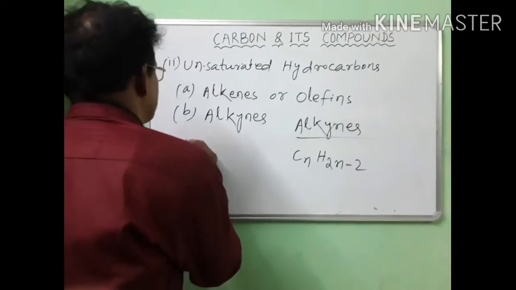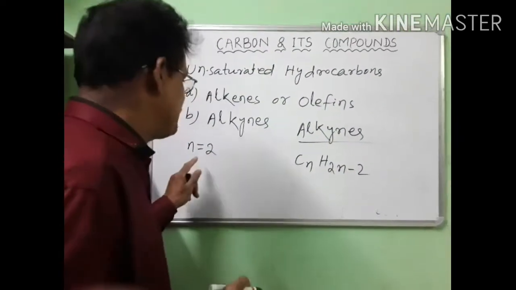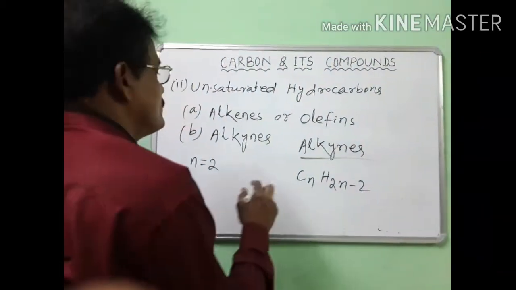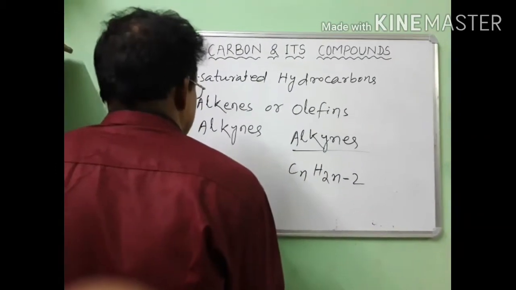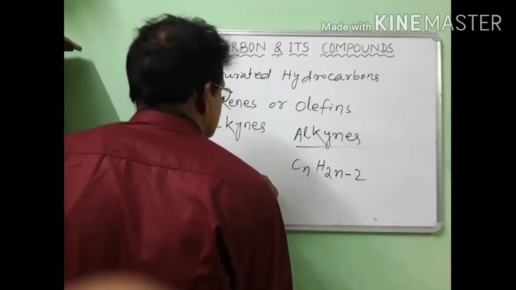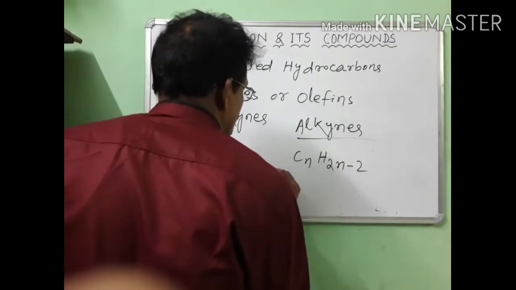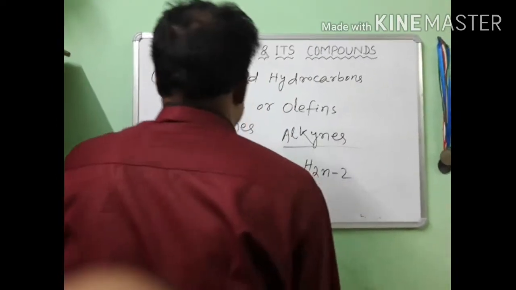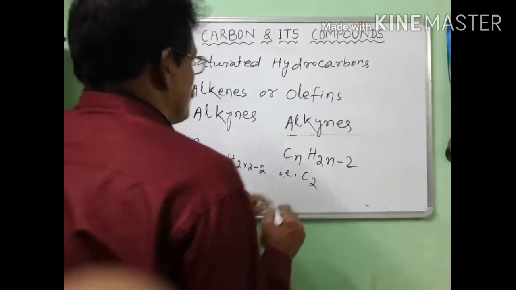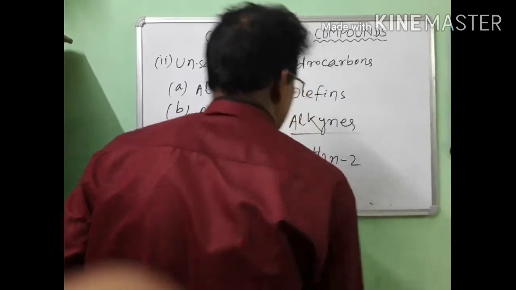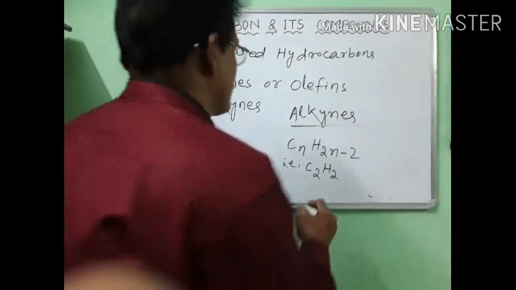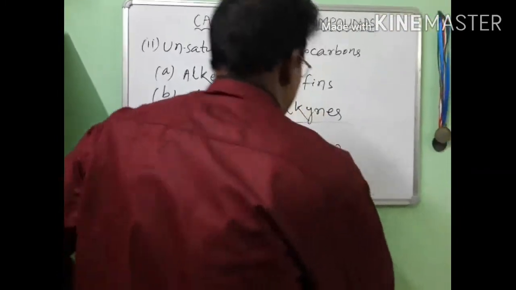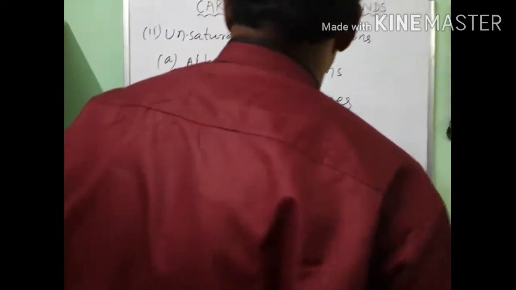If n is equal to 2, meaning the number of carbon atoms is 2, then the formula of the compound is C2H(2 into 2 minus 2), that is C2H2. This is ethyne, in the alkyne group.